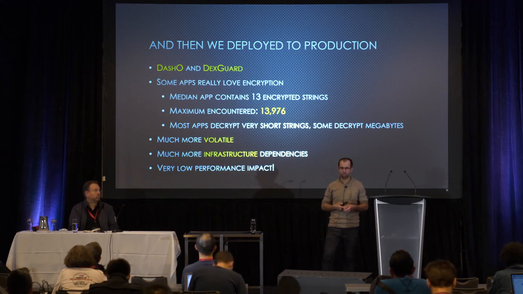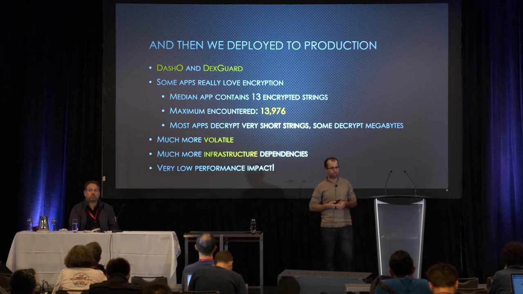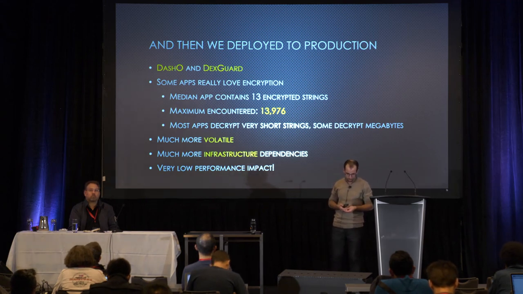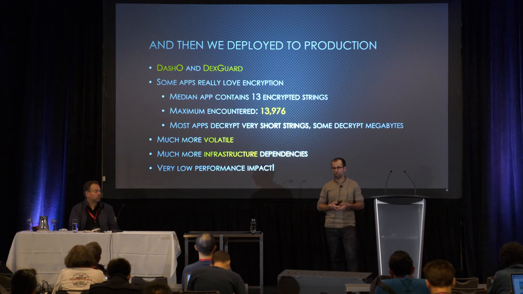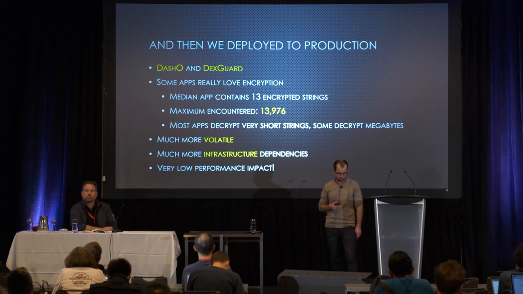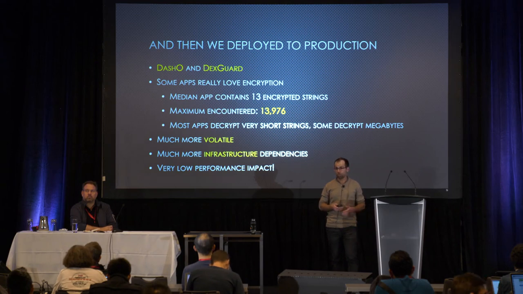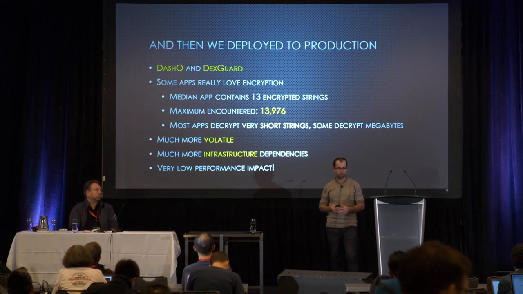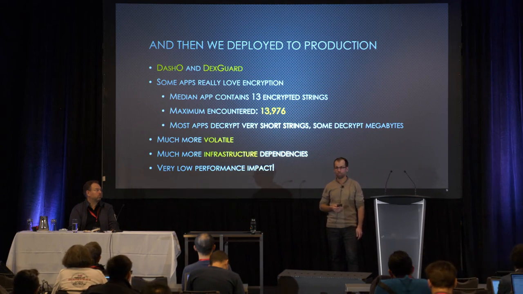And the whole thing was much more volatile than we initially thought, because some apps are just not written very well. Maybe they only work well on some Android variants, so they just crashed in our analysis environment before we even managed to run the string decryption flow. But overall, it's currently working in our production environment, and the performance impact isn't very significant.